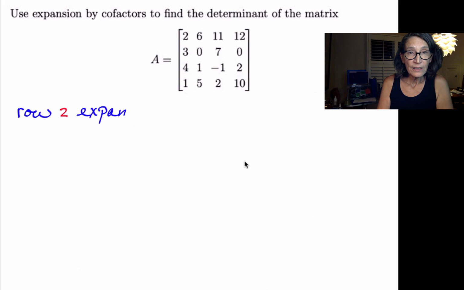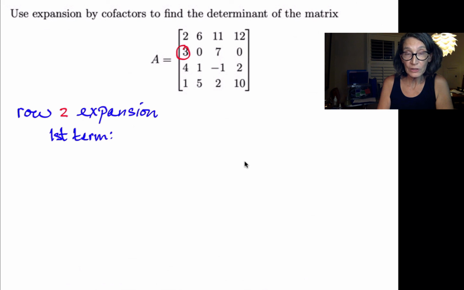All right. So the row 2 expansion for the determinant of that matrix, we know the terms are going to alternate in sign, positive, negative, or negative, positive. So let's just figure out whether the first term is going to have a negative 1 or a positive 1 in front of it, and then we can alternate after that. So the first term is going to be the a_21 term.